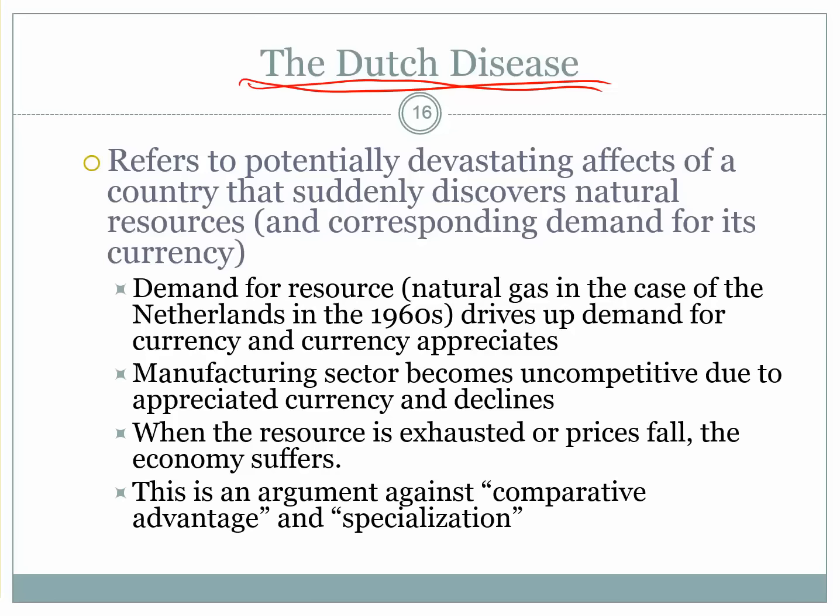This drove up the value of the Dutch currency, which then hurt the other industries. A couple decades later, natural gas is depleted. Other industries have moved on because they're not competitive anymore because it was hard to sell, say, T-shirts and food when their currency was so strong. So it caused some trouble. It caused a recession for a long period of time in the Netherlands. So we talk about the Dutch disease as a potentially devastating or bad effect of a strong currency.